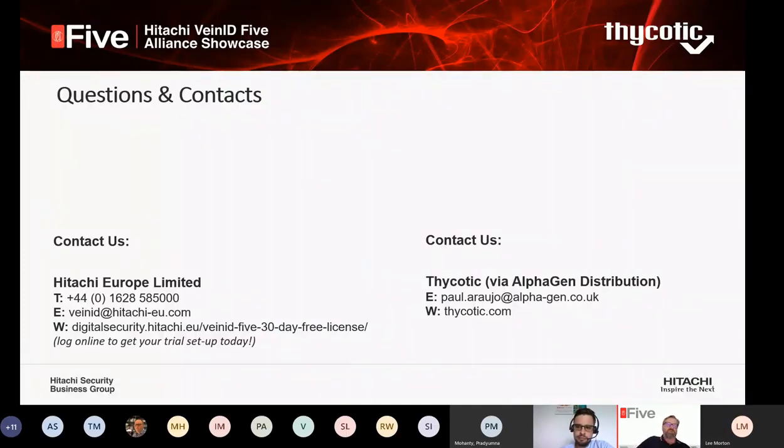So that was interesting. I think what we really get to see here is how Vein ID 5 can lift up and start to give us slightly higher levels of proof of identity. I know from conversations we've had with some customers in the US, they were interested in how Vein ID 5 would help them in this environment to authenticate users coming in from a third party, where they suspected the user that was permitted to work on their systems wasn't the user that was actually coming in.